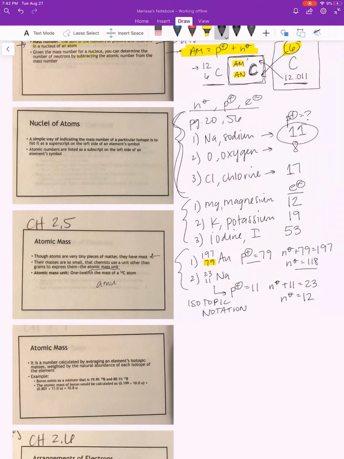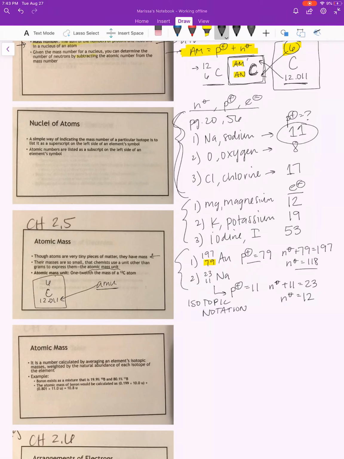So earlier we talked about there being, for every measurement, for every number, there must be a unit for it to be a measurement. And so the unit for mass is going to be the atomic mass unit, which is AMU. So earlier, when we said carbon-12, if I remember up here I drew 6. Remember up there?